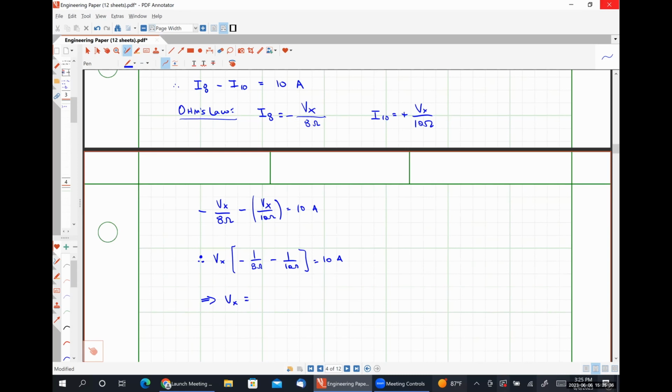And then I'm going to solve this, which I'm not comfortable doing in my head right now because I haven't done enough mental math in the last few days to make sure my brain's working properly. So I'm just going to put this in my calculator: 10 divided by (-1/8 minus 1/10).